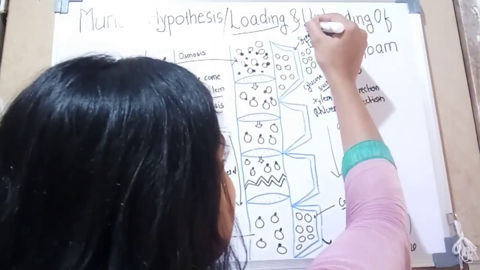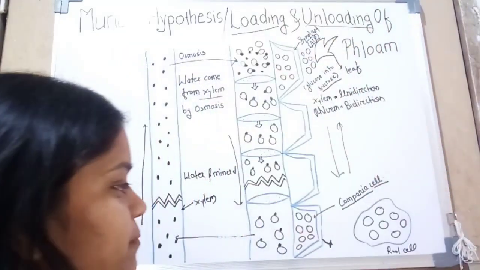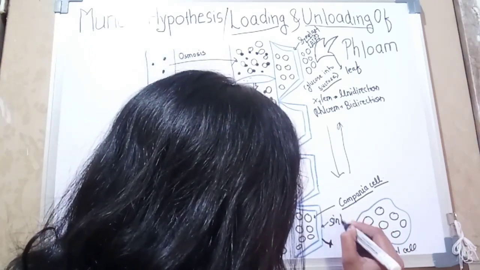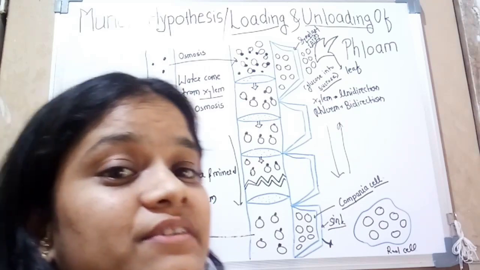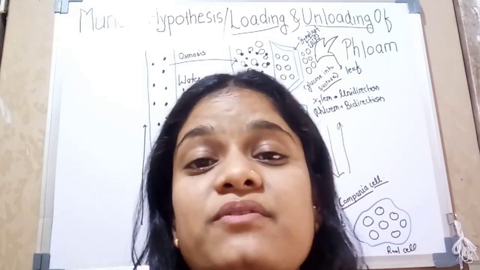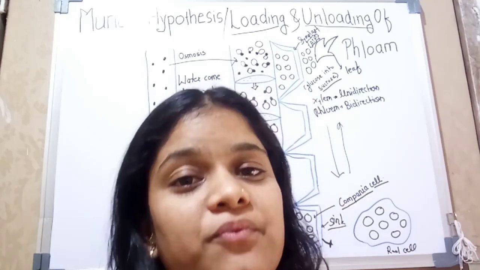Now let's see the unloading of phloem. In the unloading of phloem, one important thing is the sink. So what is a sink? A sink is one of the tissues, one of the cells, which is responsible for the storage of food materials.